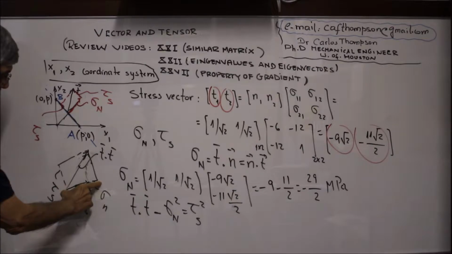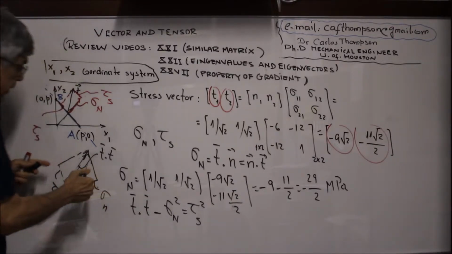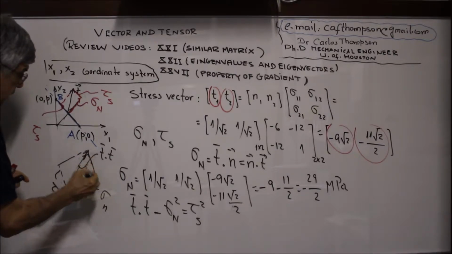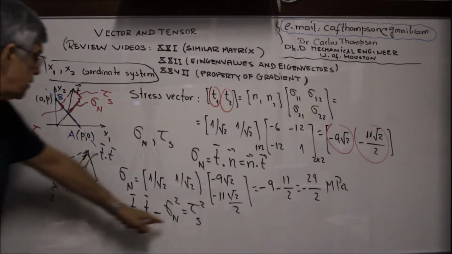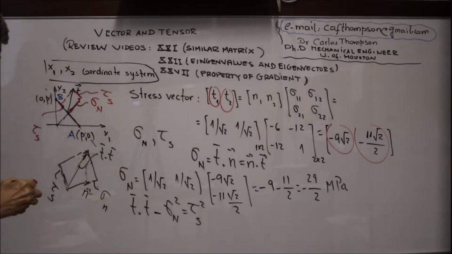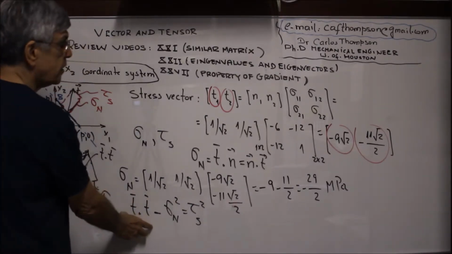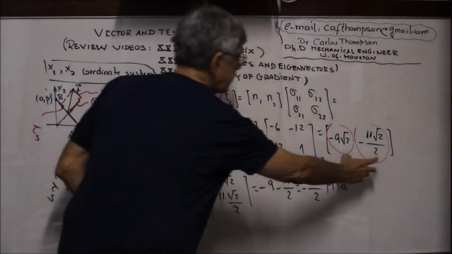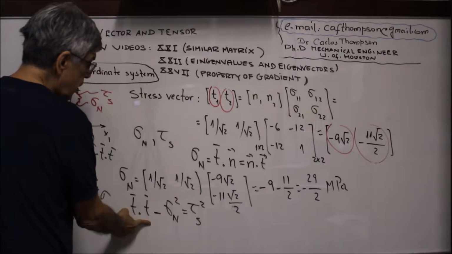This is sigma n. So from Pythagoras theorem, we can calculate tau s just using the rectangular triangle. See? Now here, let's do this. Because you see, we have T in the components, you have T dot T, you can calculate.